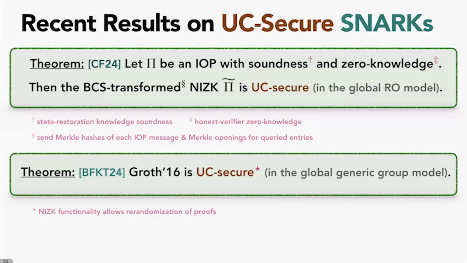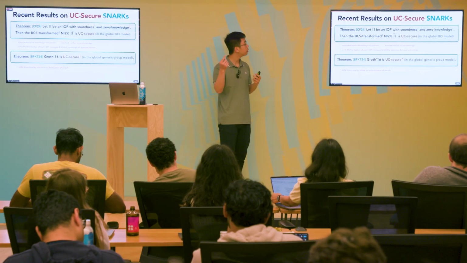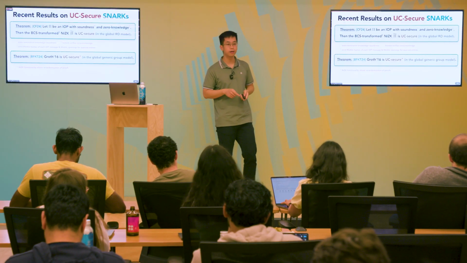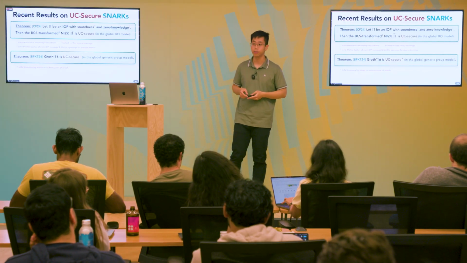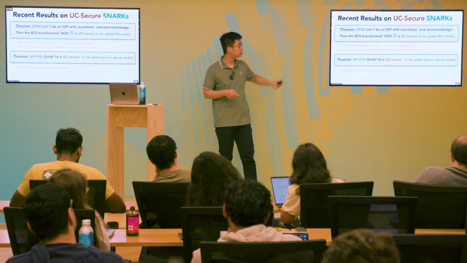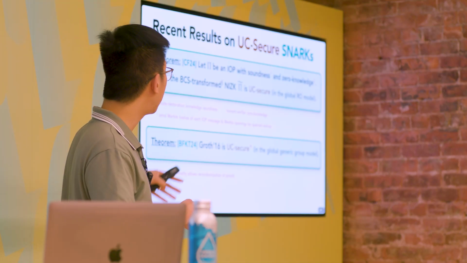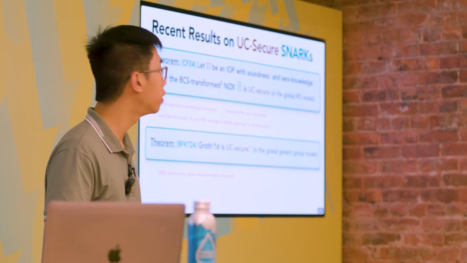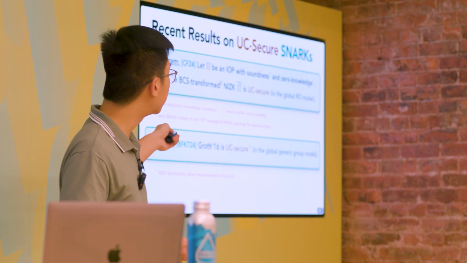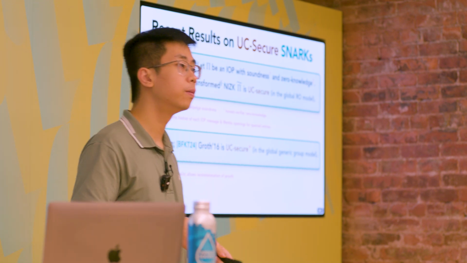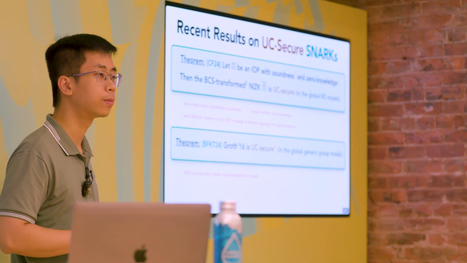A second work showed that in the global generic group model, where everyone gets access to some generic group and can only do group operations through queries to it, the Groth16 SNARK is also UC secure. Here, you also need to modify the ideal functionality a bit to allow re-randomization of proofs, but other than that, it's UC secure.